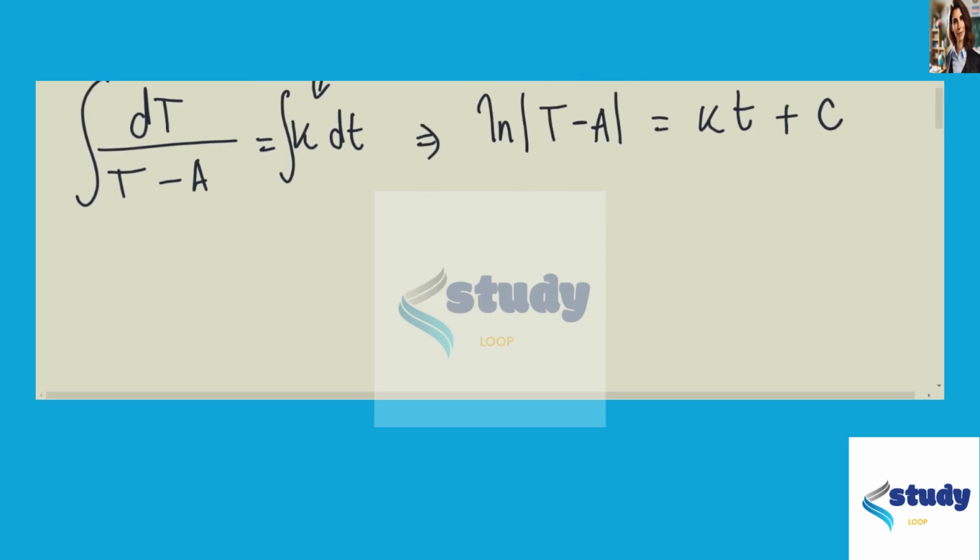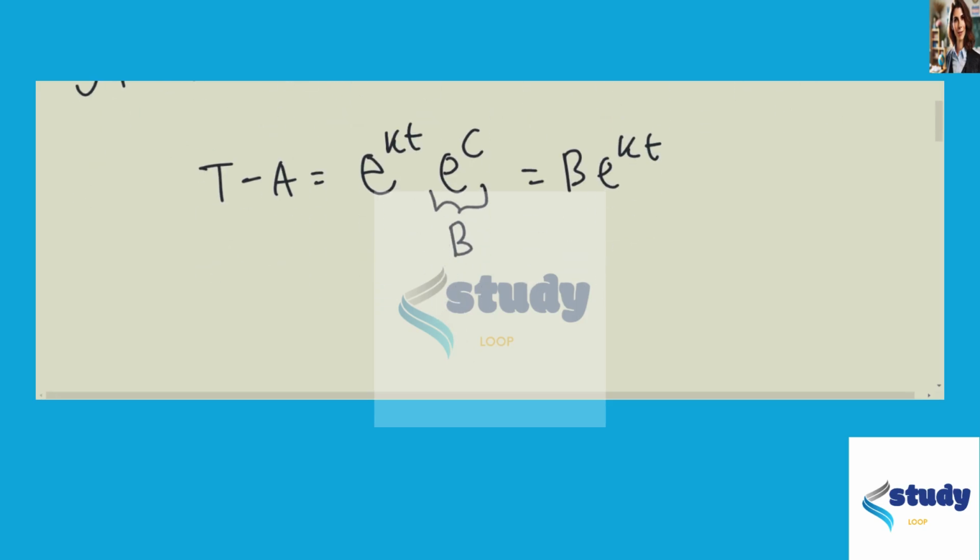Now to get rid of the Neperian logarithm, we apply the exponential function to both sides of this equation. So we obtain the temperature minus a is equal to the exponential of k times t times the exponential of c. We set this equal to b, so we obtain b times the exponential of k times t. If we solve for the temperature, we have b times the exponential of k times t, plus a.